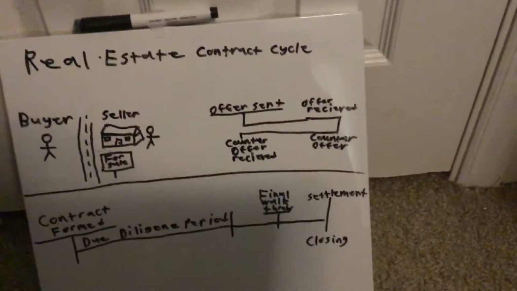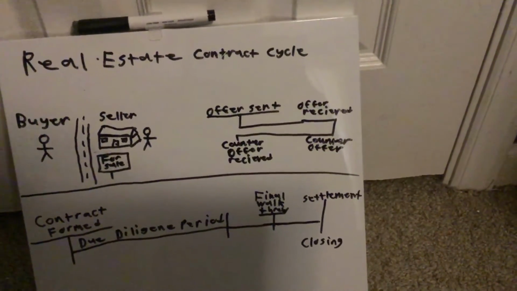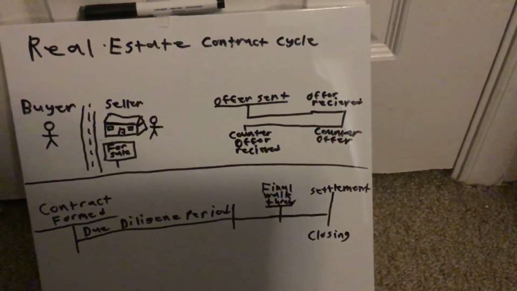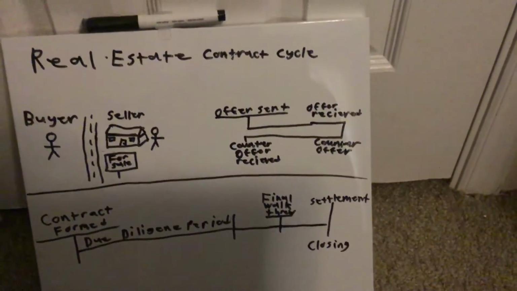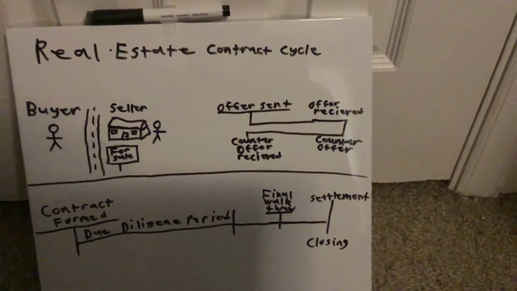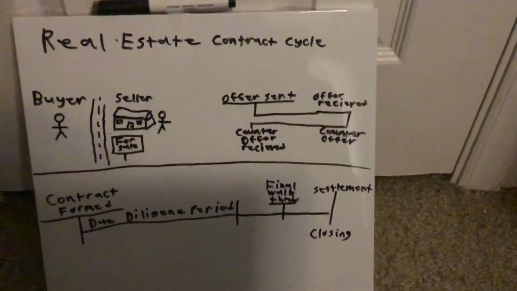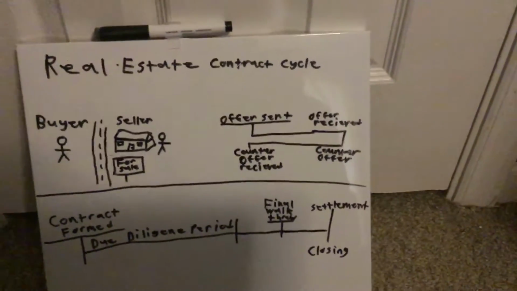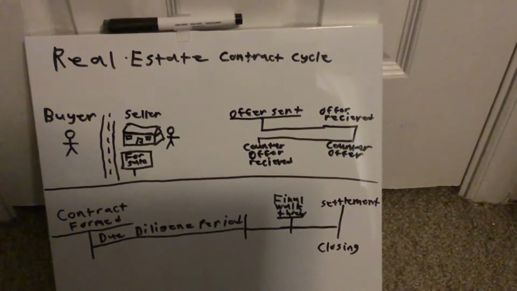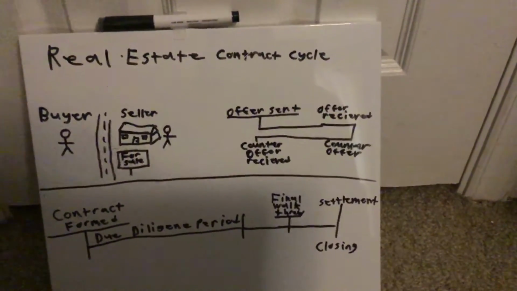So regardless if the seller accepts the buyer's offer or the buyer accepts the seller's counteroffer, a contract will be formed when both parties sign the contract and there's a communication of acceptance. Those things have to be done in order for a contract to be binding.